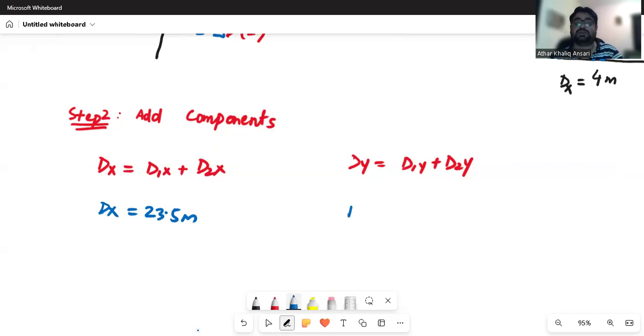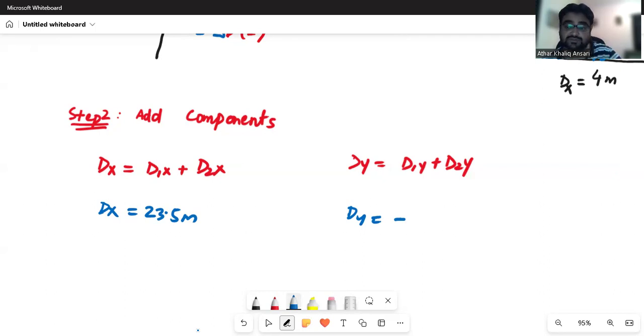So what I found here is that I got the horizontal component positive, whereas dy is the negative one. So my drawing will be here. This is dx in the positive direction, and dy will be in the negative direction. What is the negative direction for dy?